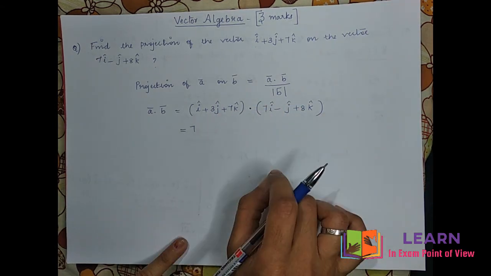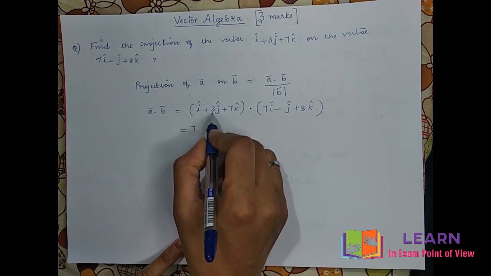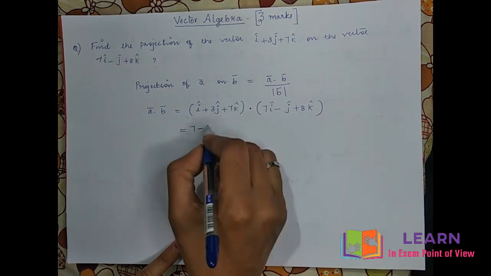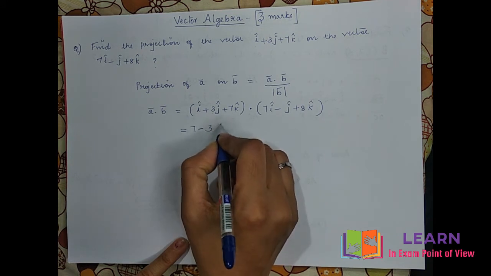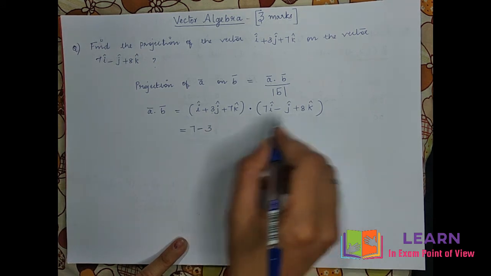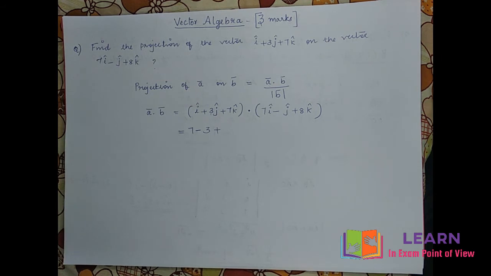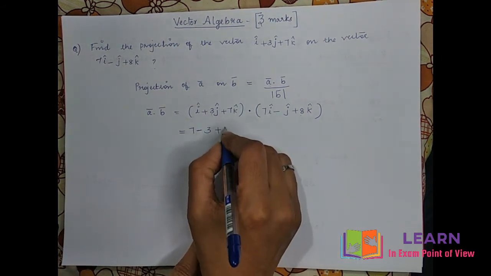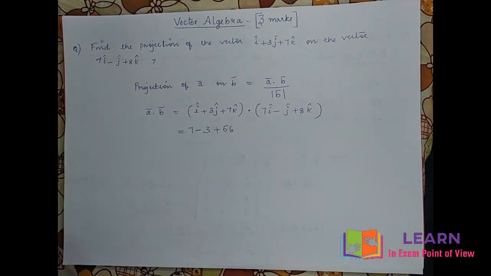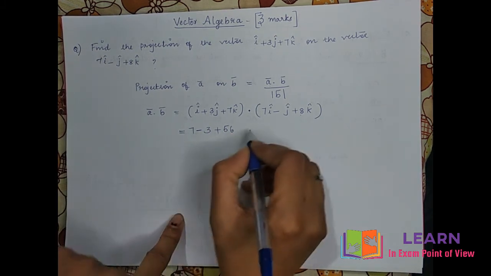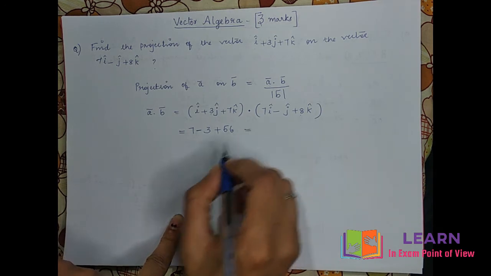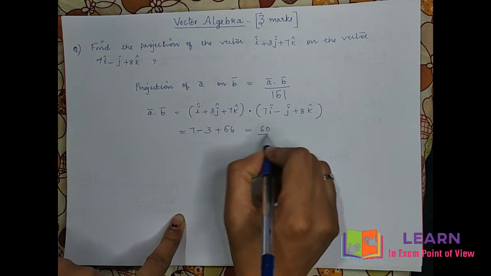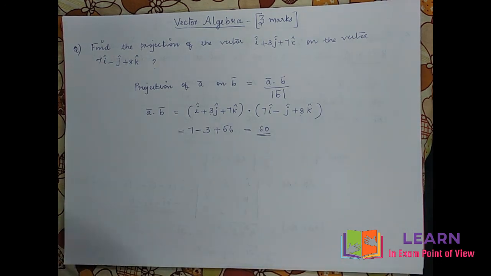Here only numbers will come. Plus 3 into minus 1, so minus 3. Plus 7 into 8, that is 56. Now simplify this one: 7 minus 3 is 4, plus 56, that is 60. You have got A dot B as 60.